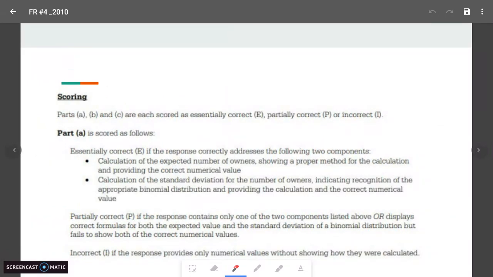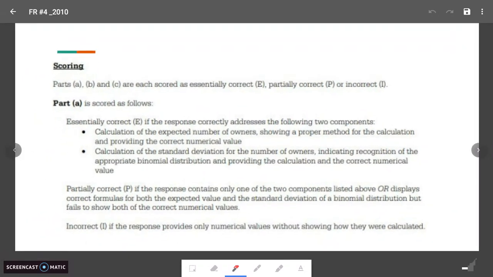So let's look at their scoring outline here. A, B, and C were the parts that were all going to be individually scored for the EPI rating. For part A, to be essentially correct, you would have had to show the calculation for the expected number of owners for model E and the standard deviation.